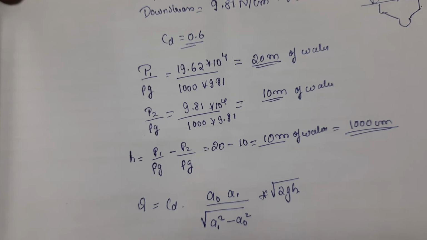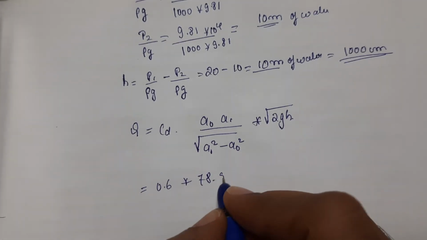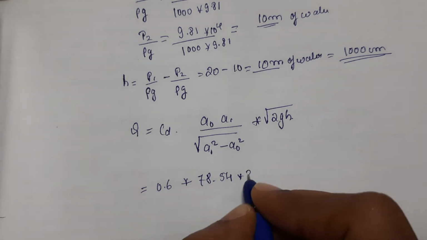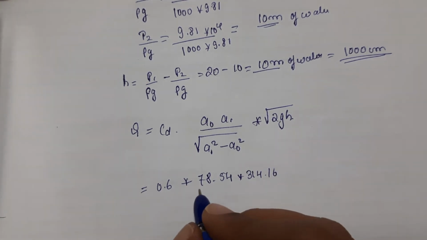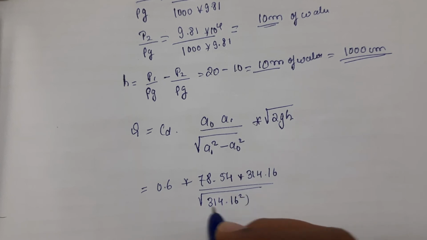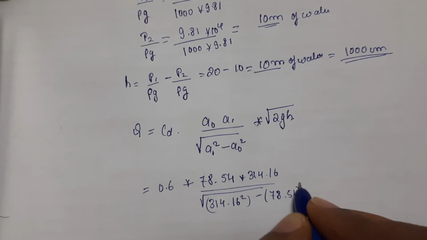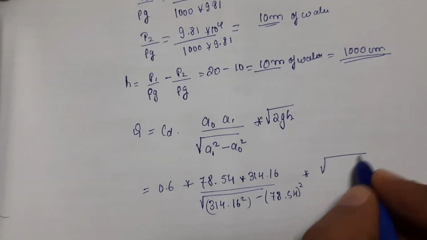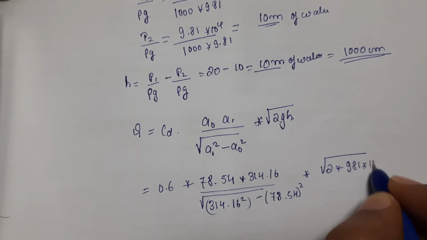So you'll be getting the value as 0.6 into 78.54 into 314.16 divided by root of 314.16 the whole square minus 78.54 the whole square into root of 2 into 981 into 1000.